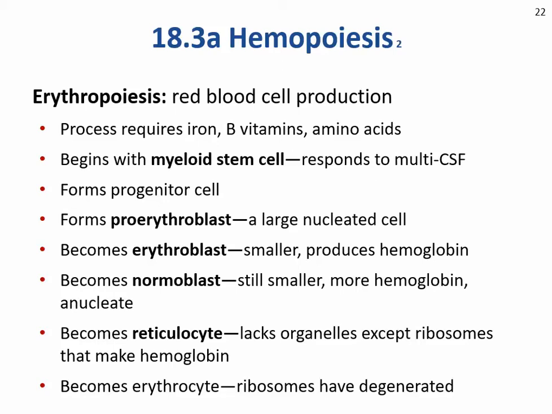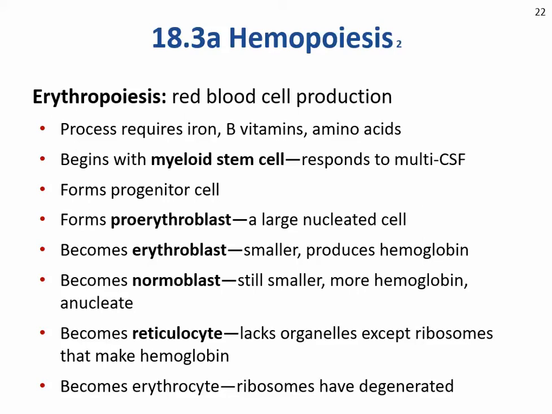They become smaller cells, but they still have a nucleus. They're still making messenger RNA, and they're starting to make some hemoglobin. As the hemoglobin amount starts to build up, we change the name to become the normoblast.